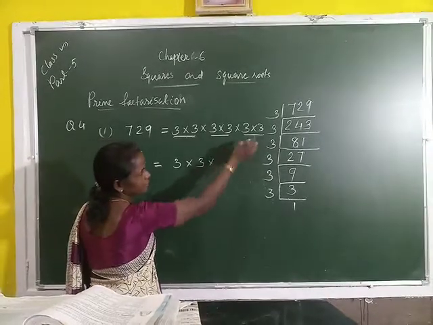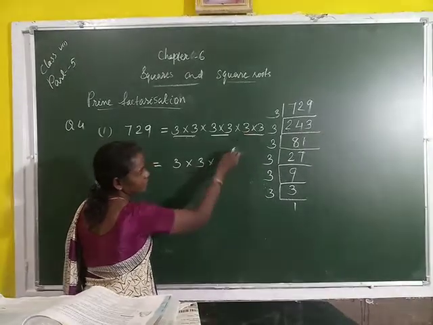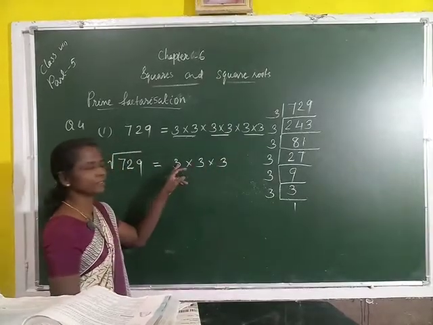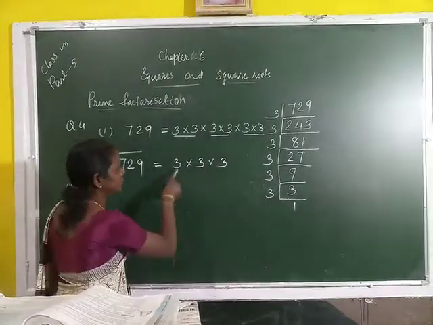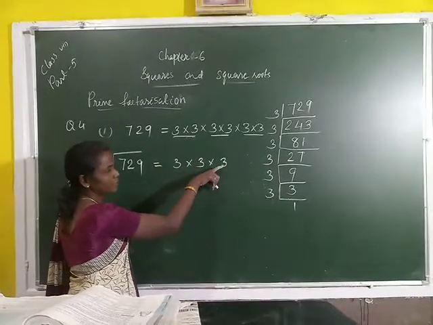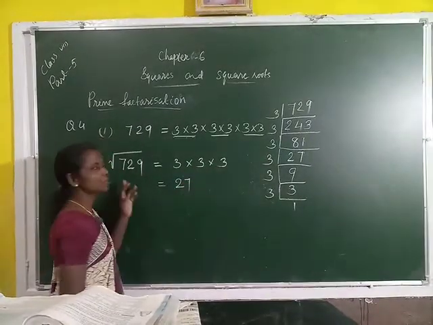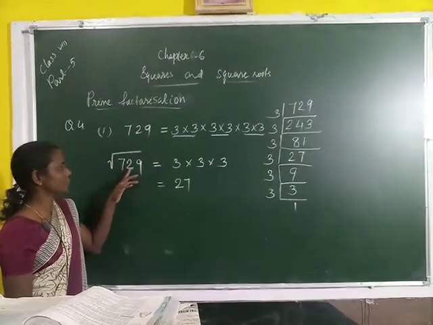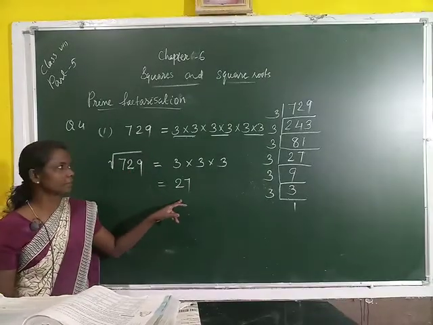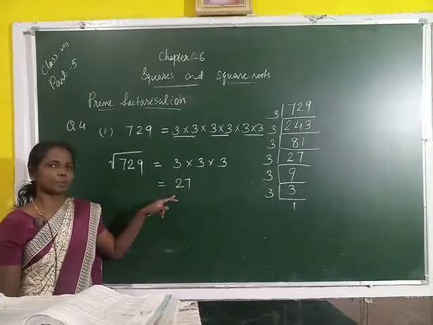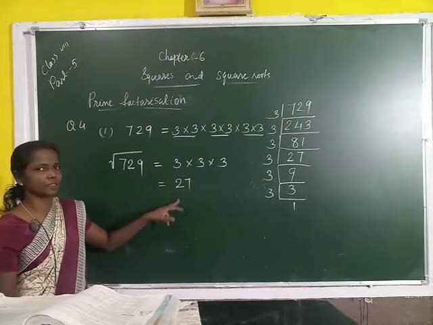Then the third pair, we take 1 factor. Then multiply 3 into 3 into 3. 3 threes are 9, 9 threes are 27. So the root of 729 is equal to which number? 27. Do you understand the prime factorization method?